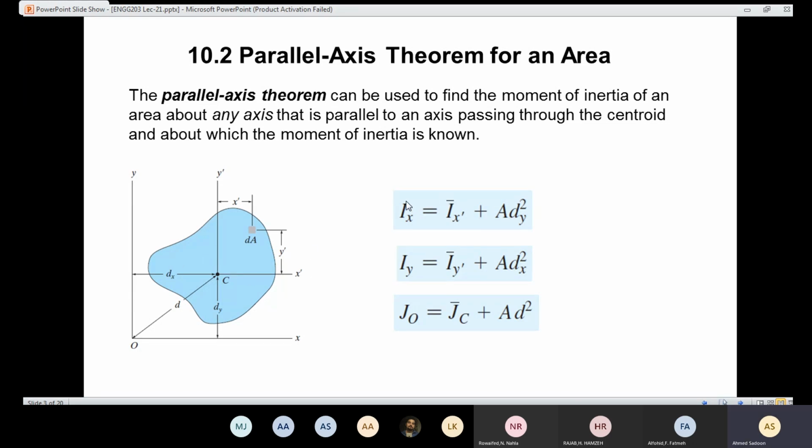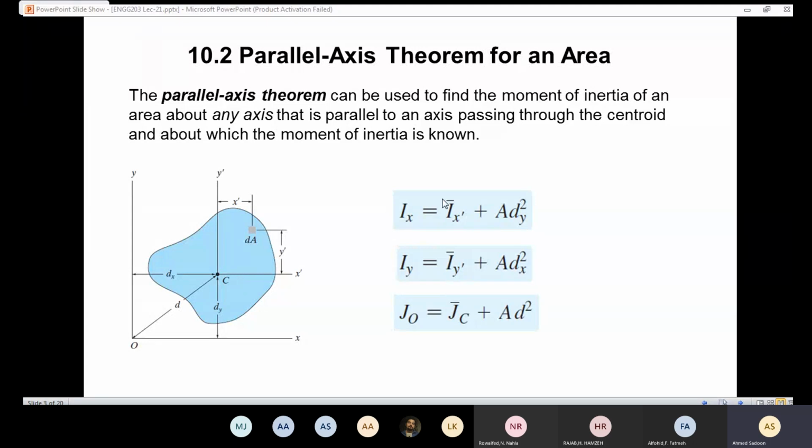Similarly, the moment of inertia about y hat we are going to call Iy bar, which means the moment of inertia about the axis y that passes through the center of gravity.